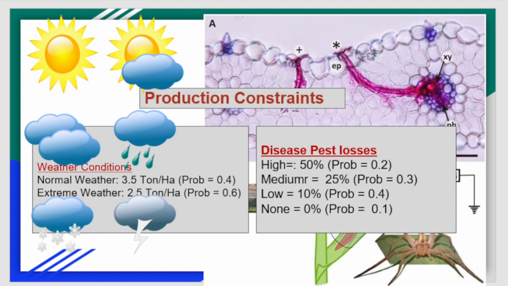After the weather conditions, the other constraint for production is disease and pests, which will cause losses.